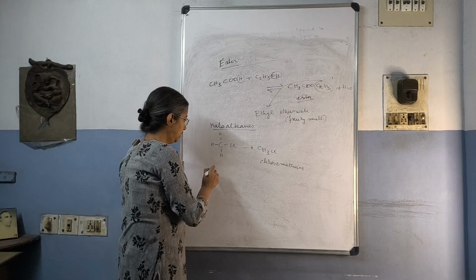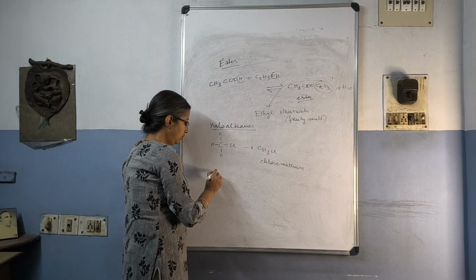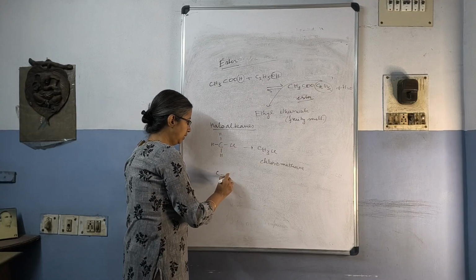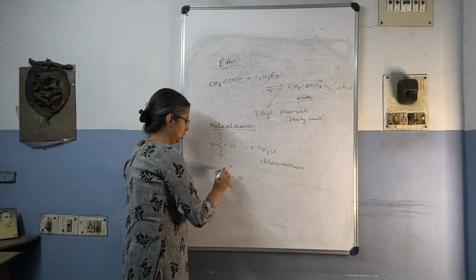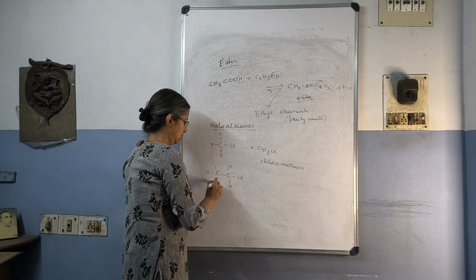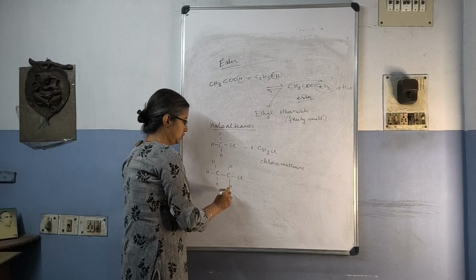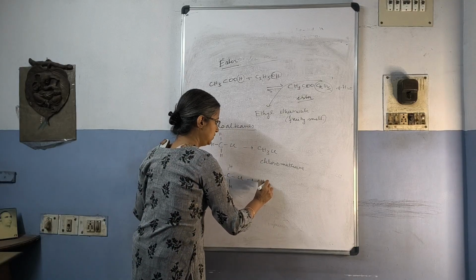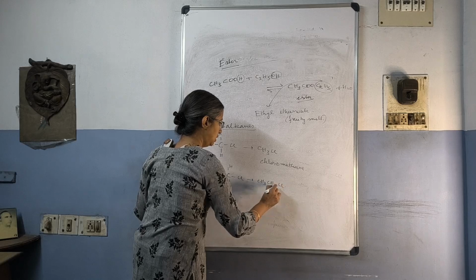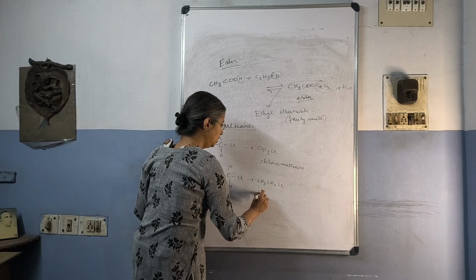Chloromethane or methyl chloride. Now we can have ethyl chloride. So this is CH3CH2Cl, that is chloroethane.